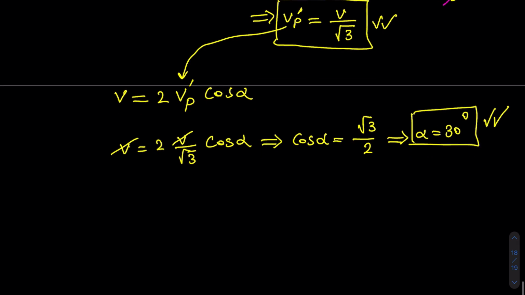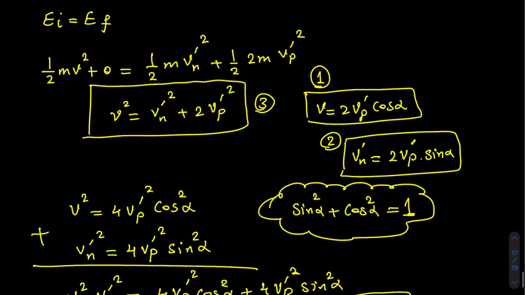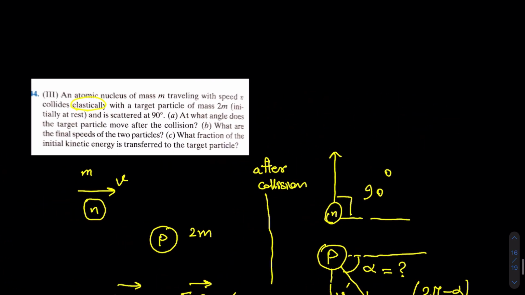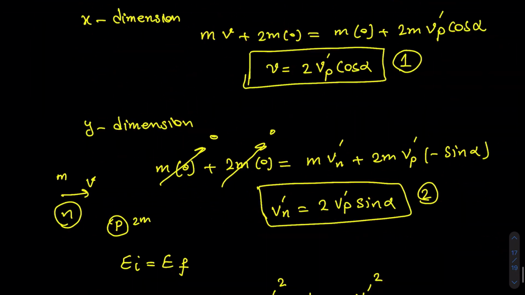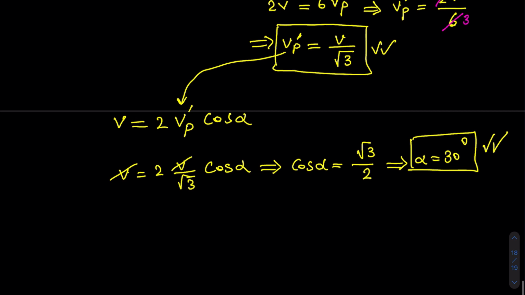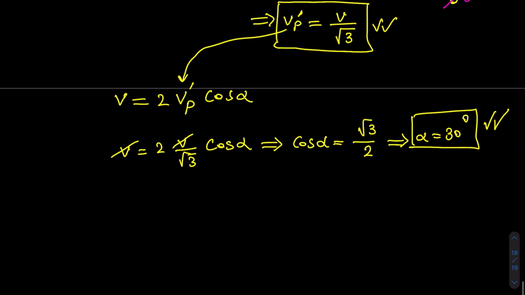Okay, and part B, let's read part B now. Part B says, what are the final speeds of the two particles? So the speed of the two particles, we already found one, the velocity of particle after collision. So let me again rewrite it here.